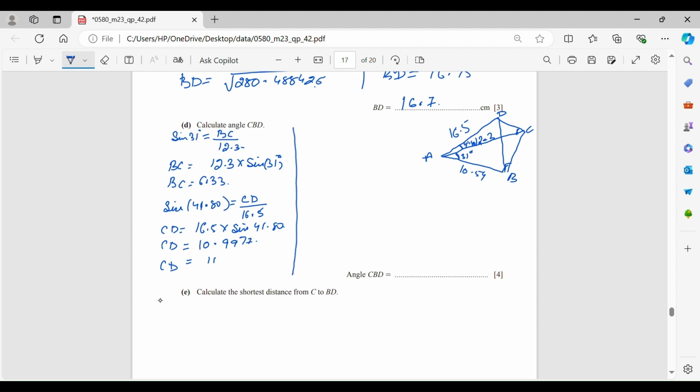Now we have CD, we have BC, we have BD also. BD is 16.7, right? So we can use cosine rule for this.